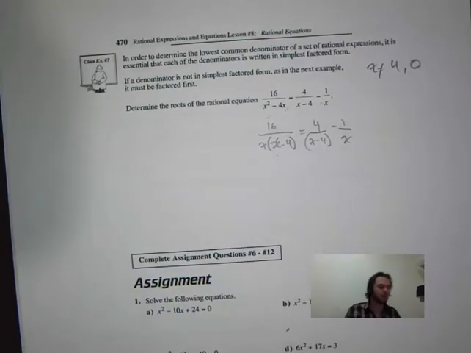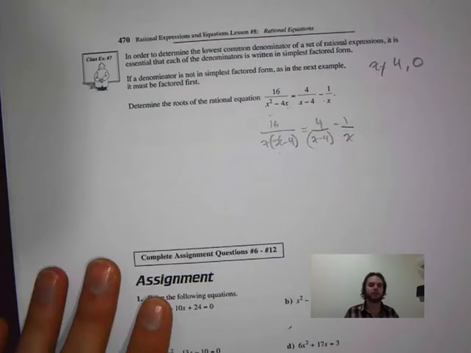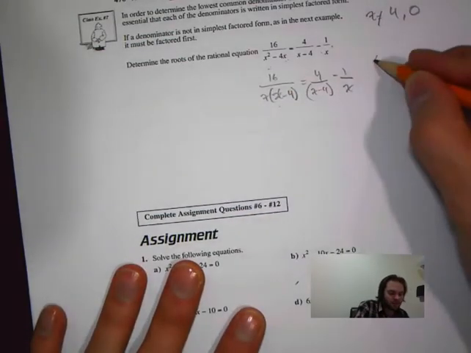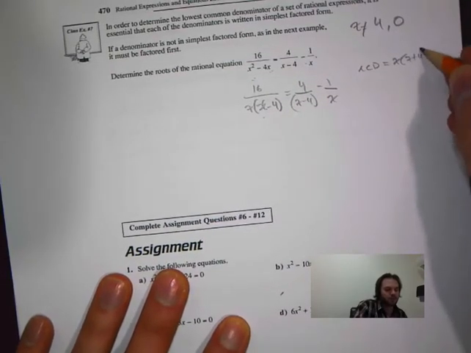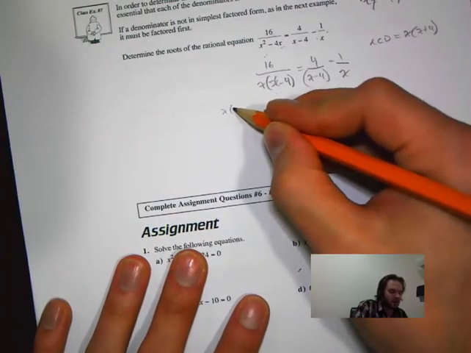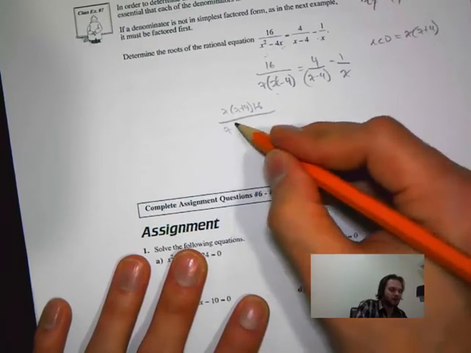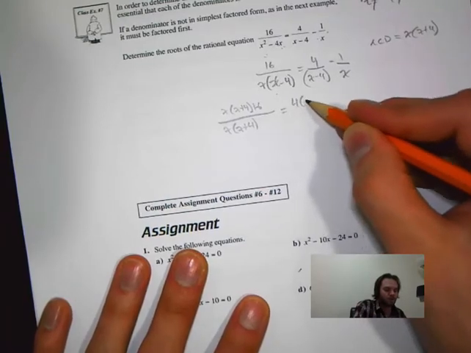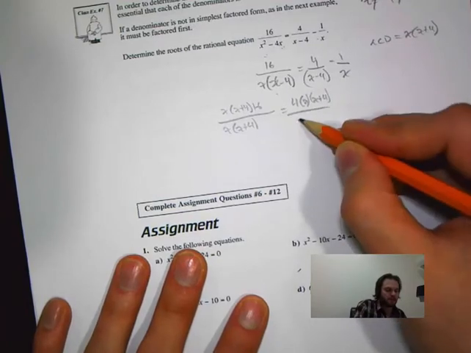Now, looking at this, what do I have to multiply everything by? The lowest common denominator. So let's multiply everything by the lowest common denominator. My lowest common denominator is equal to x and x subtract 4. So let's take a look at this one. We have x multiplied by x subtract 4 multiplied by 16 all over x. Okay, it's equal to 4 multiplied by x over x subtract 4.